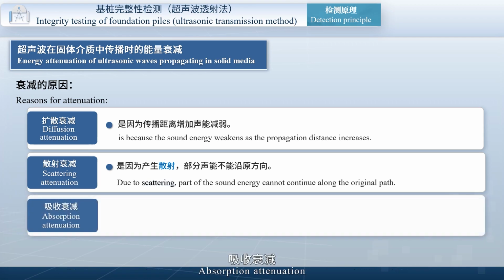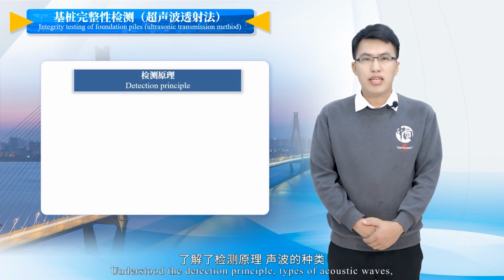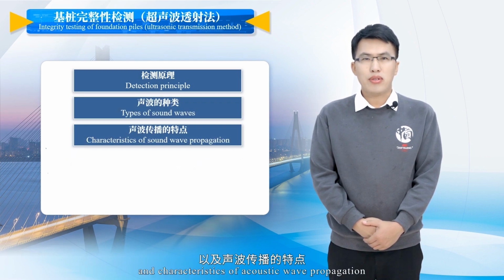Absorption attenuation is due to internal friction in the medium, where part of the sound energy converts into thermal energy. We have now understood the detection principle, types of acoustic waves, and characteristics of acoustic wave propagation.